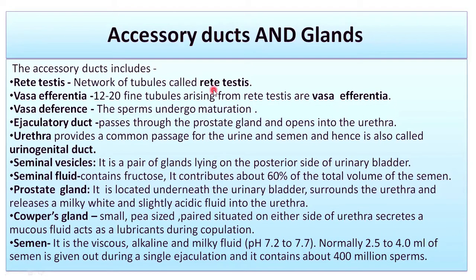Now, what is the function of the rete testes? All the seminiferous tubules of the testes at the posterior surface form a network of tubules, which is called the rete testes. Now, vasa efferentia. Vasa efferentia are nothing but 12 to 20 fine tubules arising from the rete testes.